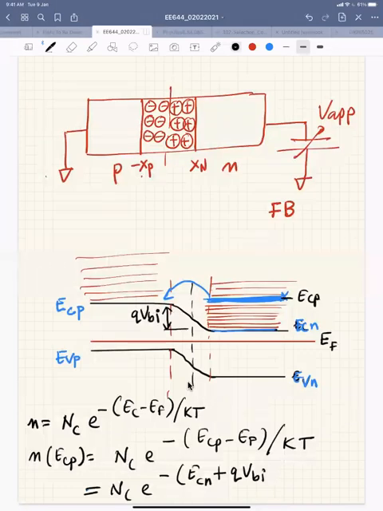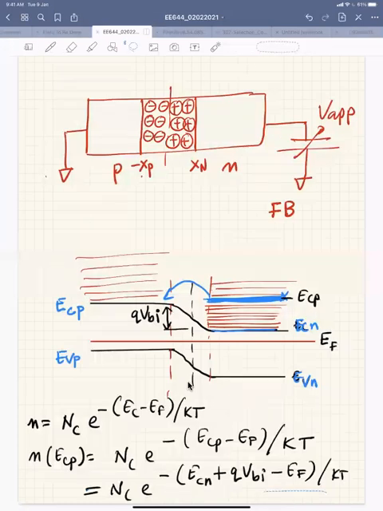For a voltage drop of built-in potential across the junction, between ECP and ECN there will be an energy difference of q times VBI. So ECP is ECN plus q times VBI, minus EF, by kT.